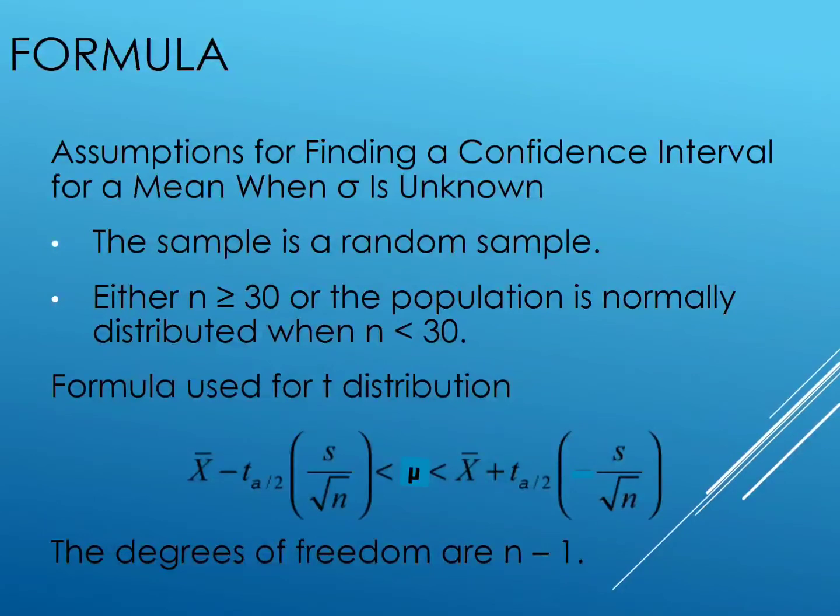However, on top, we're going to have the sample standard deviation because we do not know the standard deviation of my population. So I'm going to be using the standard deviation of my sample. However, there is something called degrees of freedom, and degrees of freedom are n minus 1. And what are degrees of freedom?